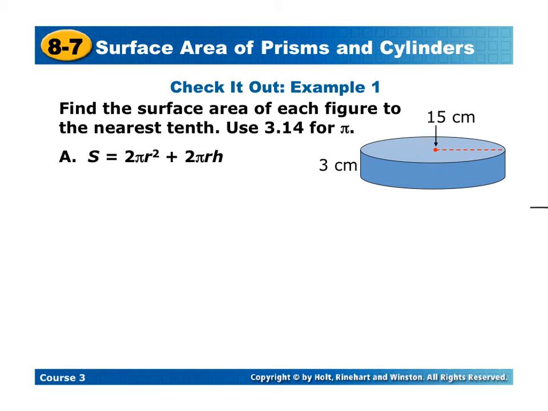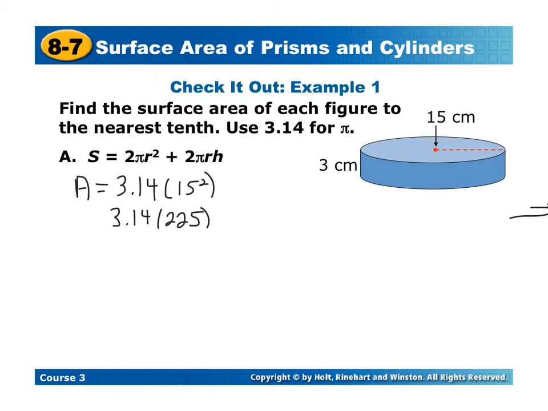So the first thing we're going to look at is our area of our base, just like we did before. That's where I like to start. So I'm going to find the area, which is going to be 3.14 for pi, times our radius, which in this case is 15 squared. 15 squared is 225.